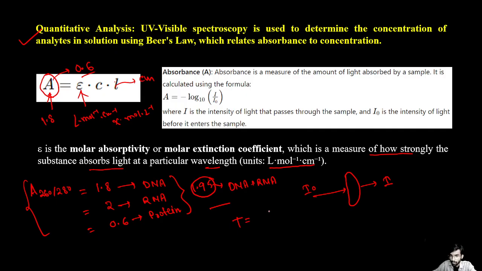T equals I by I0. Sorry, I by I0, because here I0 will be more and I will be less, right?